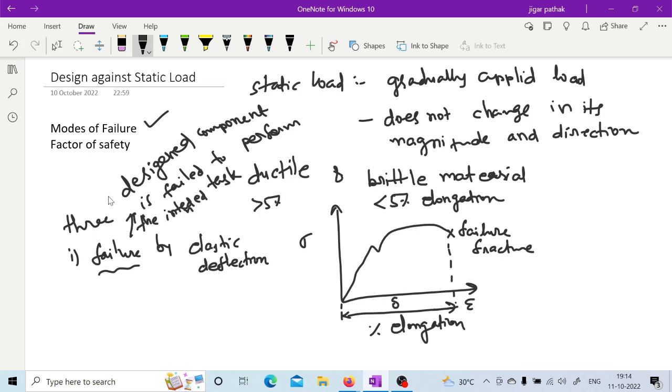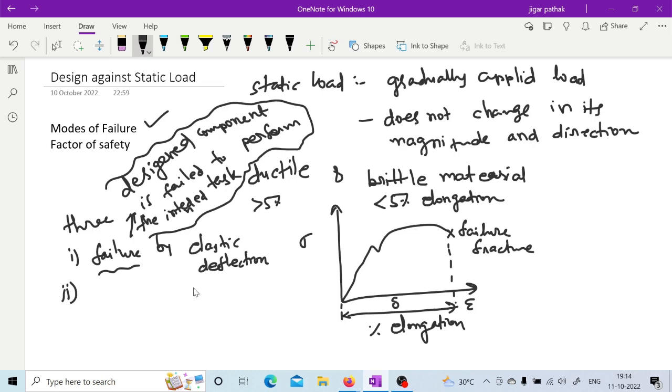This particular thing you have to mention for defining failure. So whenever any design component fails to perform the intended task, you can consider it as failure. For some components like a transmission shaft, if it has elastic deflection, then it will not be able to transmit the power for which it is designed.